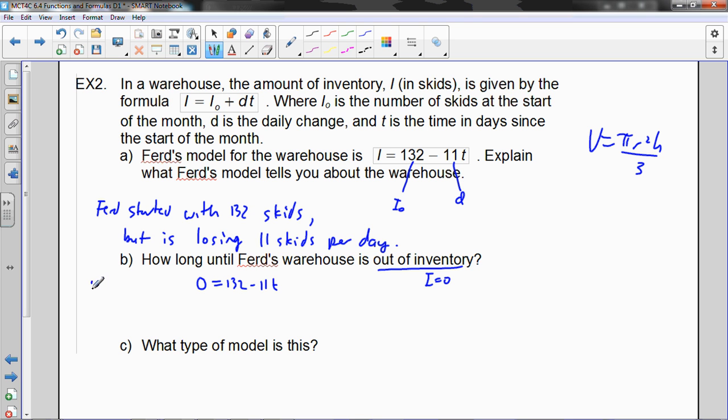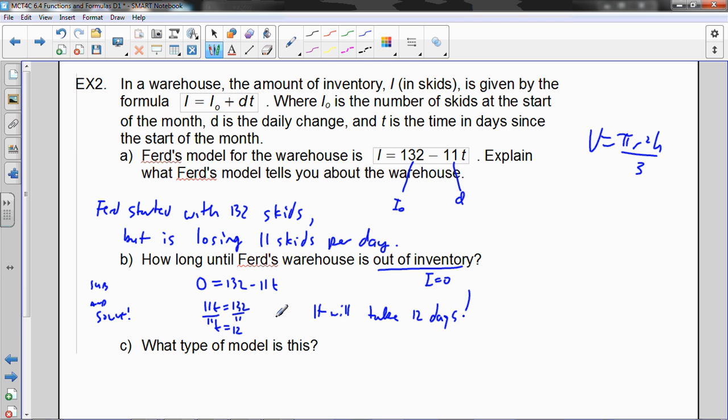This was a sub and solve. And now I'm just going to get t alone, add 11t to both sides is what I did there, or just move that to that side, divide by 11, t equals 12. It will take 12 days.